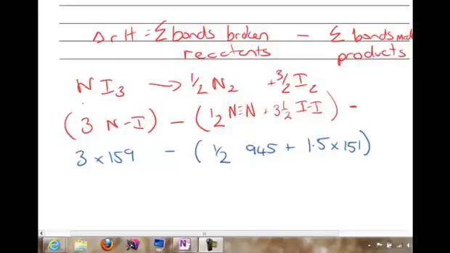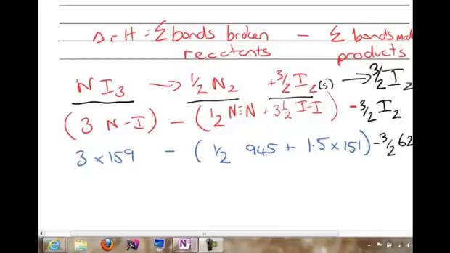Now if we look at the equation of NI3 going to half N2 plus 1.5 I2, remembering that iodine is a solid and that we would expect it to decompose further to a gas. That's a sublimation process, and we need to make sure we include that as well. So having changed that around a bit, I've got 1.5 I2 molecules being sublimed from a solid to a gas.